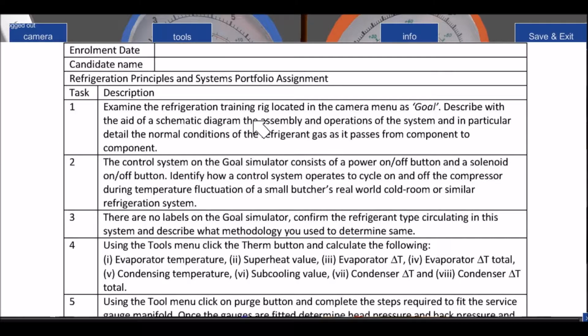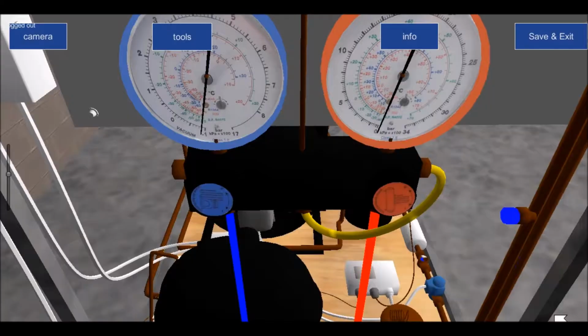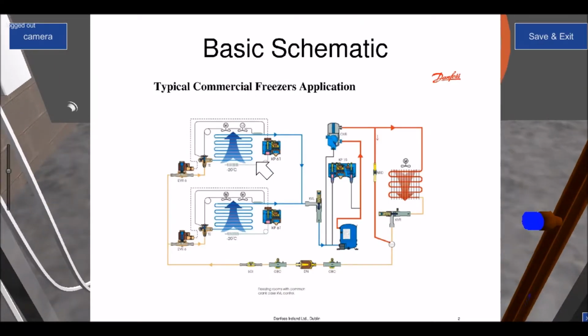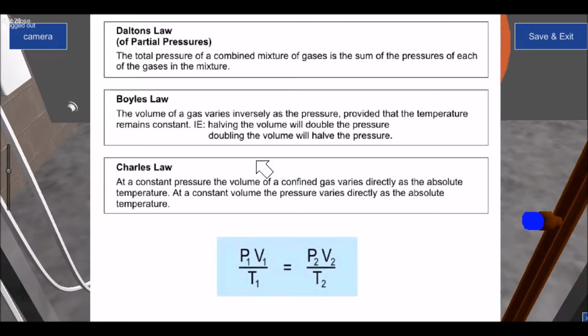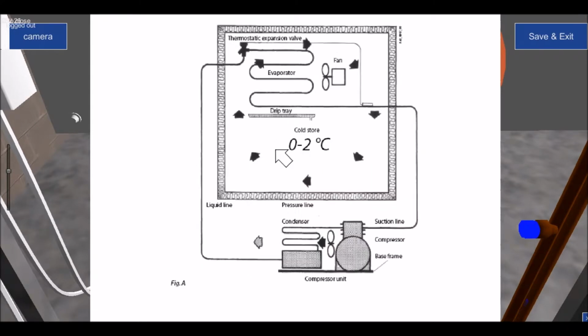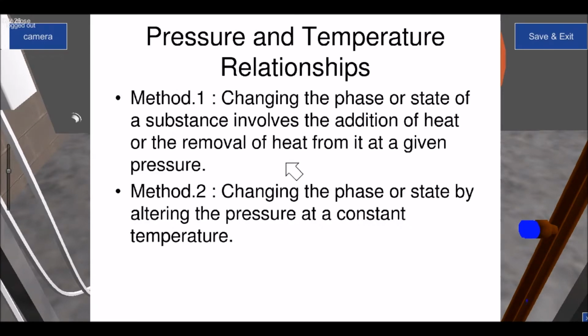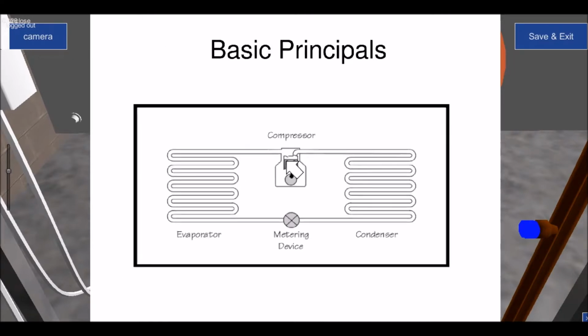So what I would suggest you do is that you draw a simple diagram. If we go back into our refrigerator, it can be something like this, or it can be just as basic as this one here.